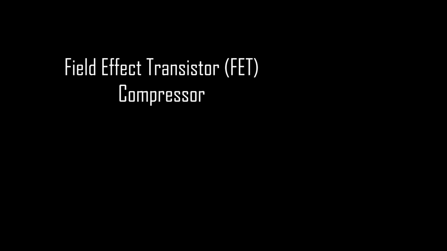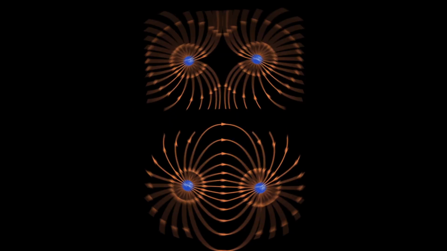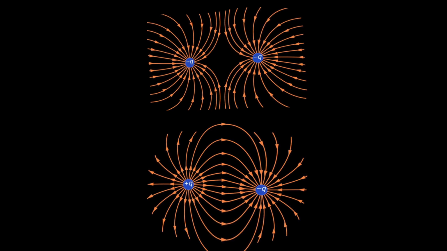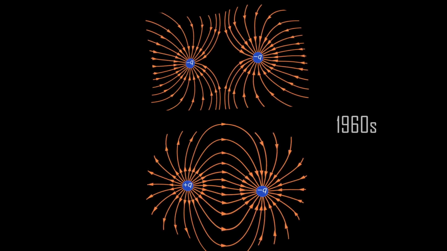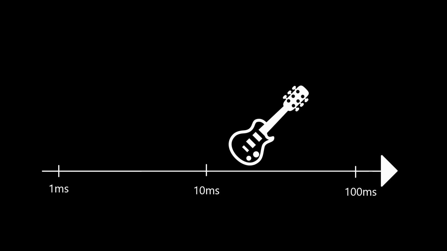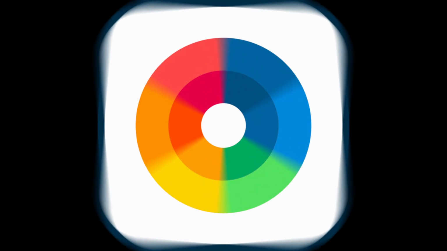Next, we have the field effect transistor compressors. These compressors rely on subtle changes in the electric field produced by electrical signals. They were also invented in the 1960s and are known for being extremely fast compared to older compressor types. They can also introduce a lot of color into the signal.